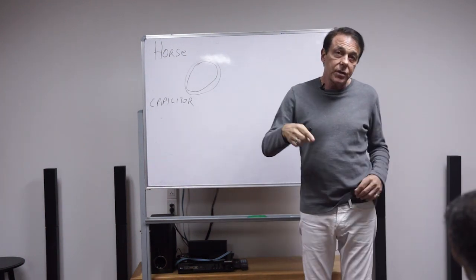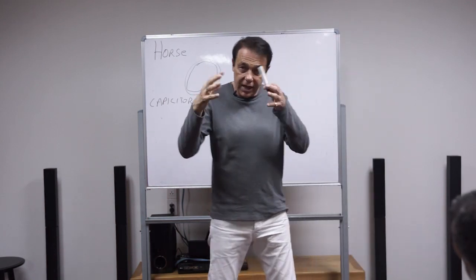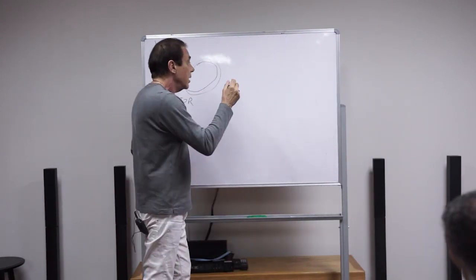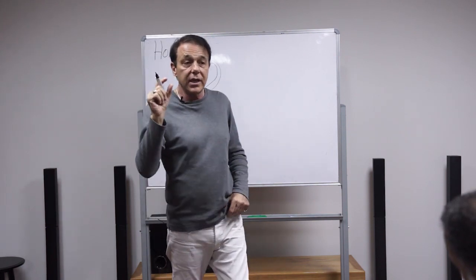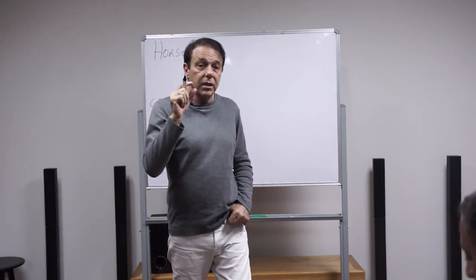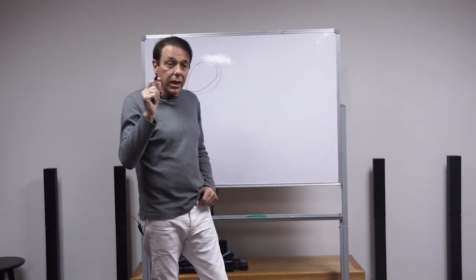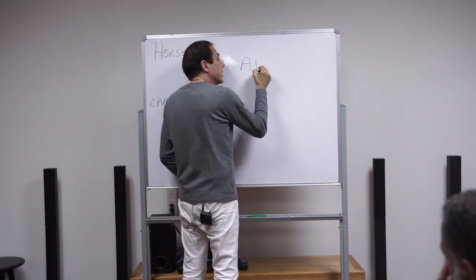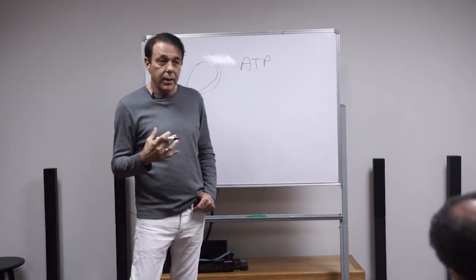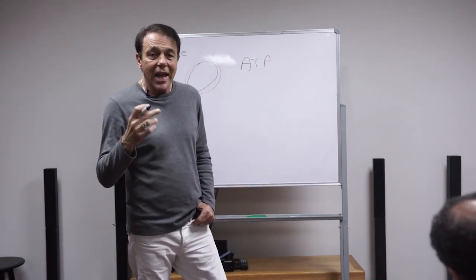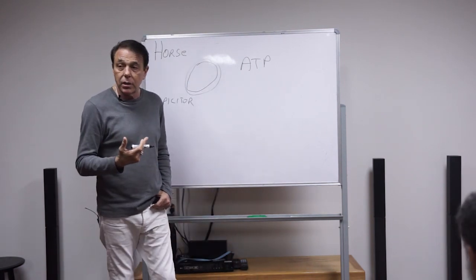And just to give you some more, I want you to have a picture of this. Every energy is carried inside of a cell in biology in the form of a molecule called adenosine triphosphate. This carries energy. This is how we have energy.